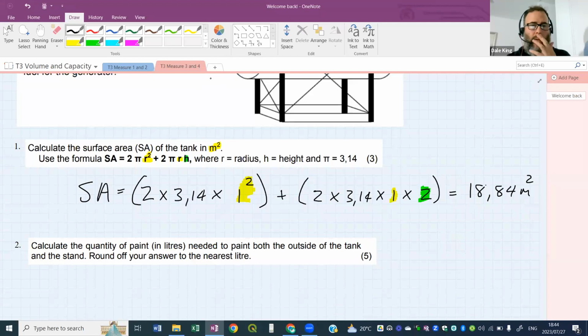Okay, here it comes. 1 meter squared is 1,000 liters of paint.